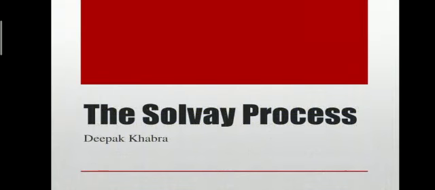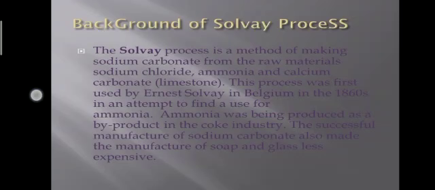The next is the Solvay process. The Solvay process was first used for the manufacturing of sodium carbonate. This is a crystalline decahydrate, and the formula for the crystalline decahydrate is sodium carbonate, Na2CO3.10H2O.